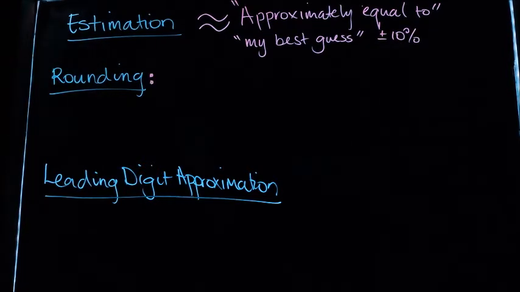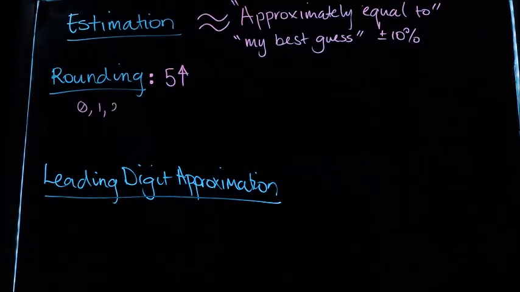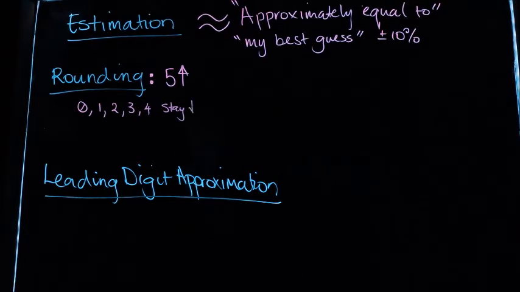With rounding, my little saying is 5. When you see a 5, go up to the next 10 or the next 100 or whatever you need to do. So we're going to work that out in a minute. But just for the sake of pointing this out to you, with a 1, 2, 3, or a 4, we're going to stay, or round down, really.